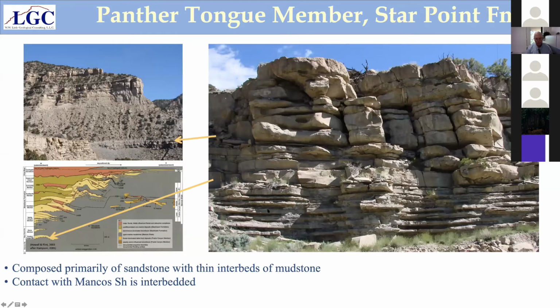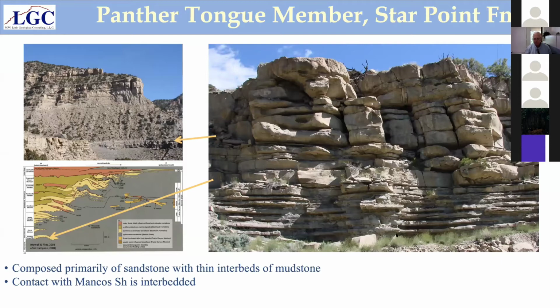Okay, now the Panther, looking at it, I just wanted you to look at it for a second. Can you identify any obvious changes in the depositional pattern through this succession of rock? As I've studied this, I tend to divide this member into three informal units.